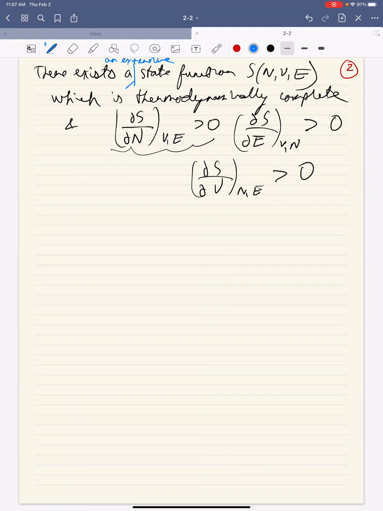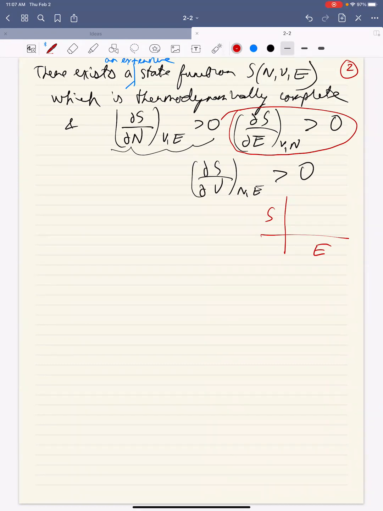So these three things exist, and this particular one, that S as a function of E at constant V and N is positive, allowed us to proceed further from here, right?